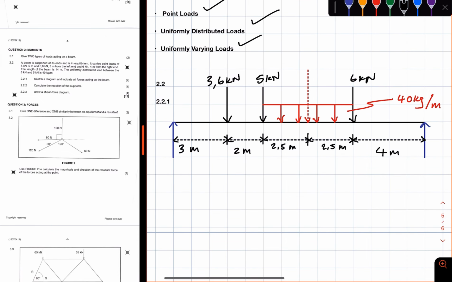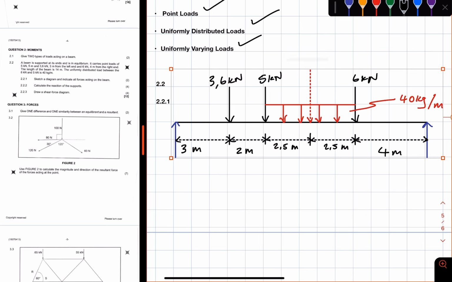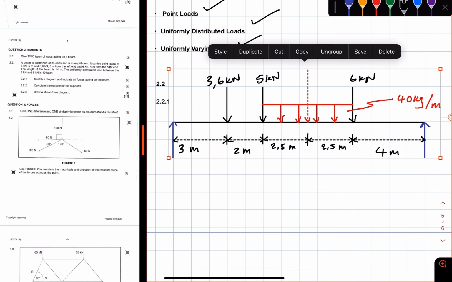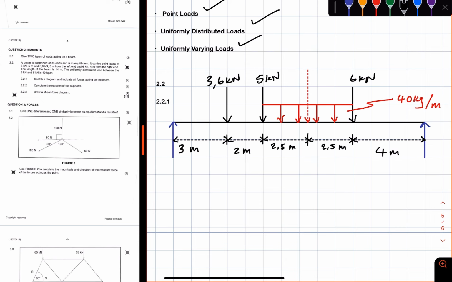Right, so they said we have a beam, right, which is supported at its ends. So at each end you find a support, right? So in this case I labeled the supports as blue, right? So each end of the beam has a support, right? And then they said it carries point loads of 5 kilonewtons, right?